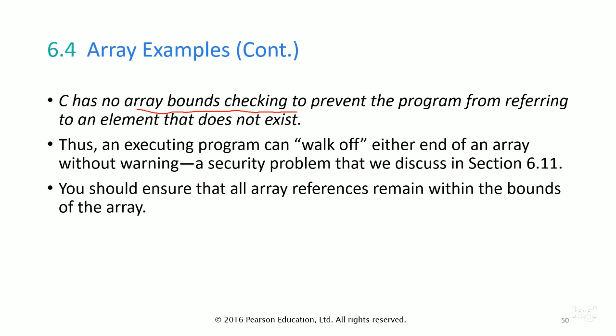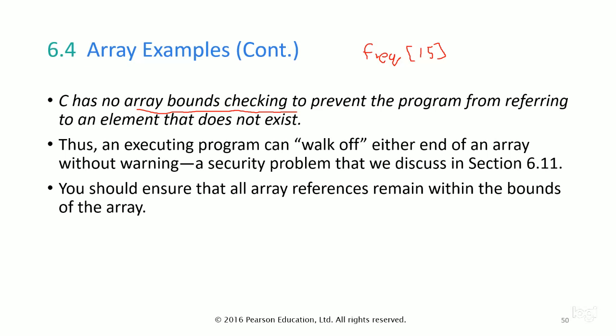So let's say we had the array frequency and the size of that array was 11, so we could go up to index number 10, but let's say at some point in our program we got into a situation where we were referring to frequency index number 15.